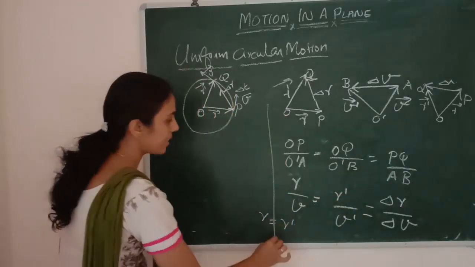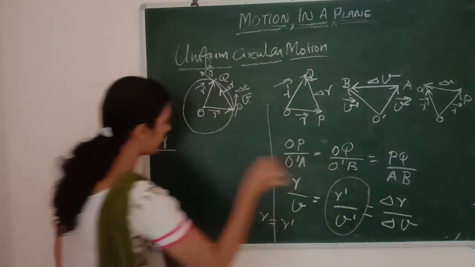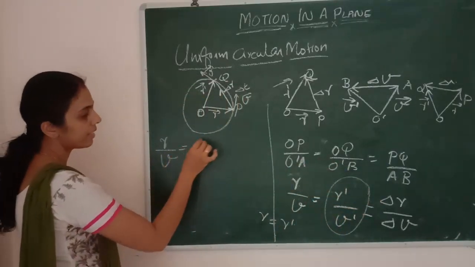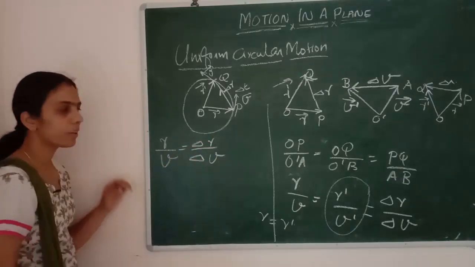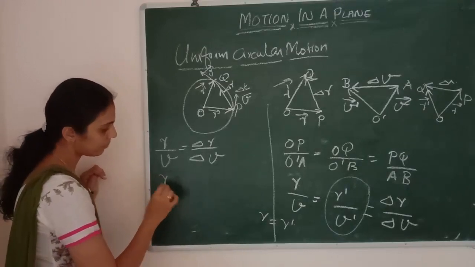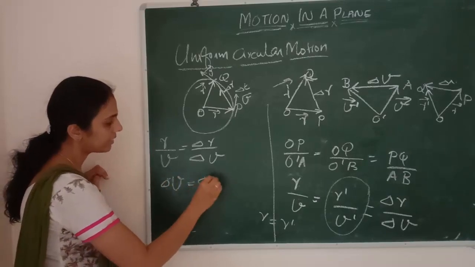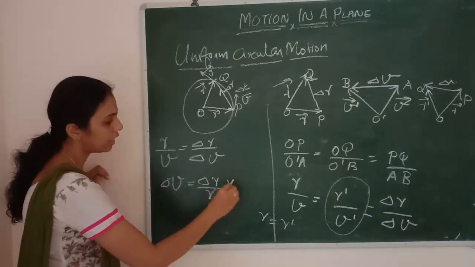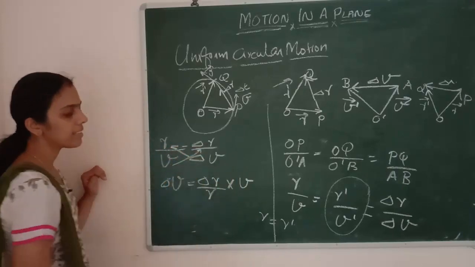So I am considering R by V equals delta R divided by delta V. Rewriting this, delta V equals delta R by R into V.